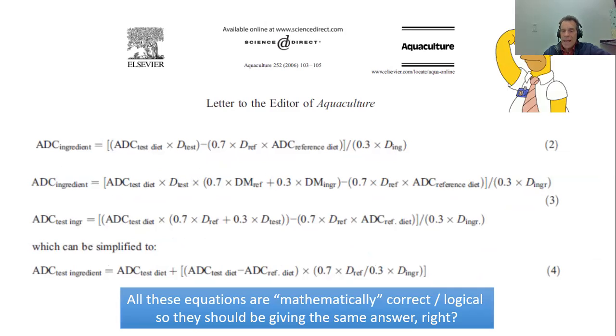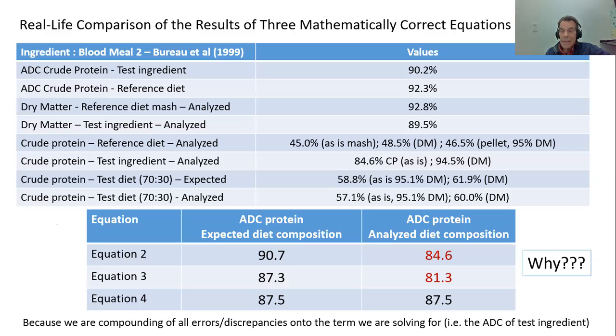What we arrived at in the end was three equations that were all mathematically correct and completely logical. Therefore, these equations should give you the same answer, right? Well, when we applied them in reality, with real samples and real analyses, we arrived at different estimates of digestibility with the three equations.